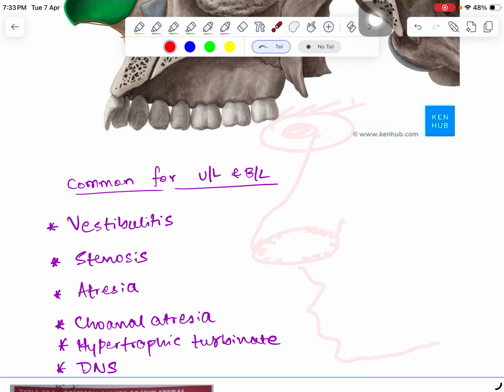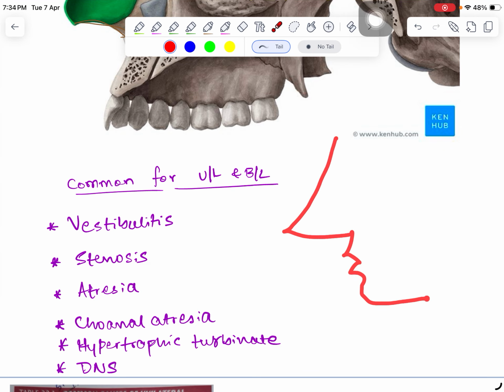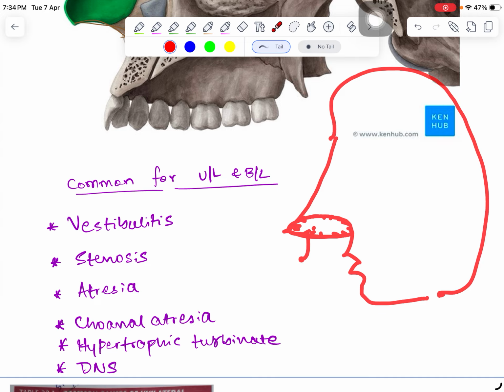Let me draw a better diagram. So this is the nose and this is the mouth, and this is the person. Now it looks like a person. Here is the nasal vestibule, there are hairs here everywhere. So this is called the vestibule. Inflammation of this is called vestibulitis.